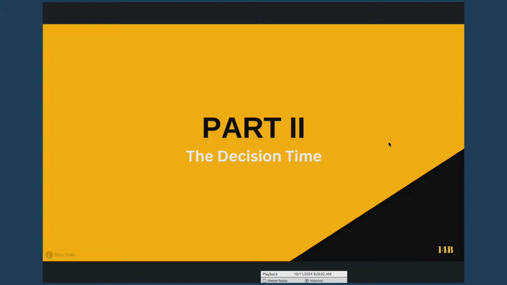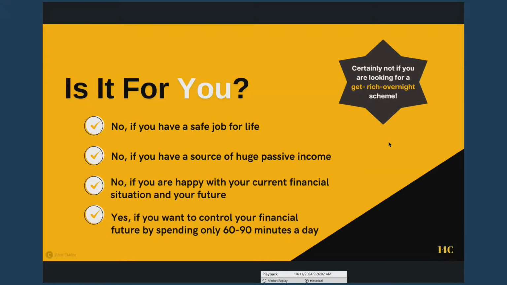So that's the business model here. You invest a small amount of less than $5,000 and be able to make income of about $10,000 to $20,000 a month. So the decision time, whether it's for you, Silver Bullet Trading System.